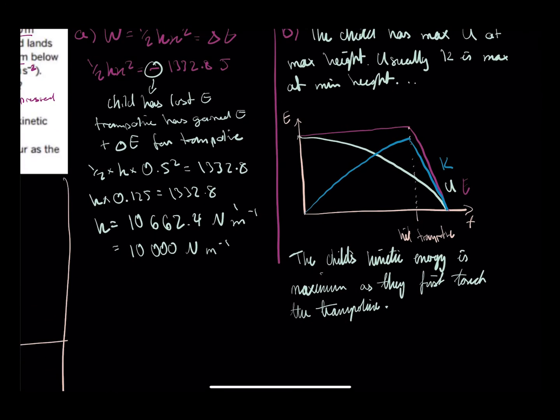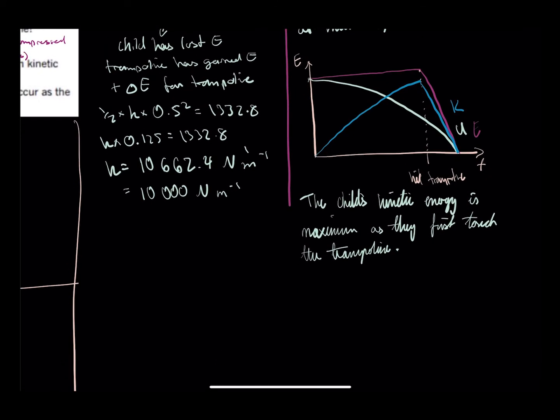Beautiful. So ordinarily we see with one of these energy time graphs that the kinetic energy and the potential energy just cross over. But in this case, because we have work being done on the trampoline, all of this energy goes down to zero as that trampoline gets compressed.